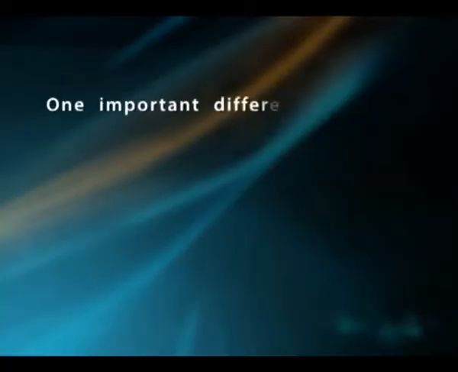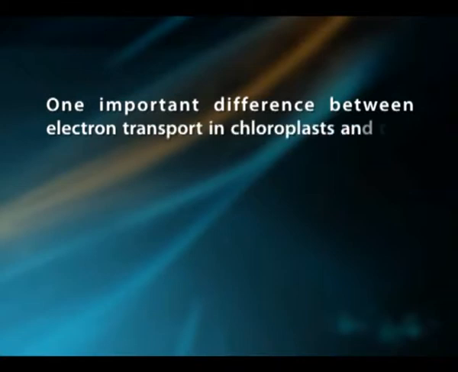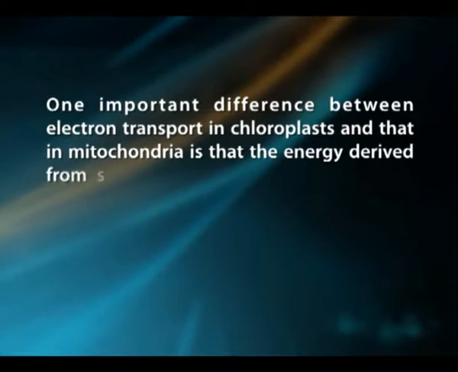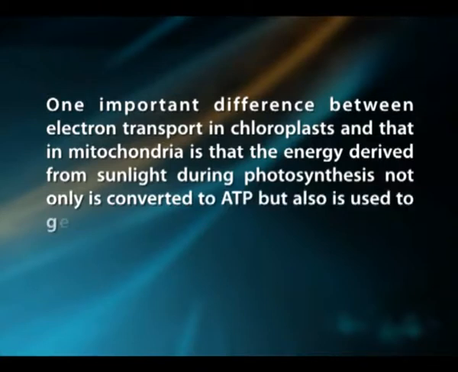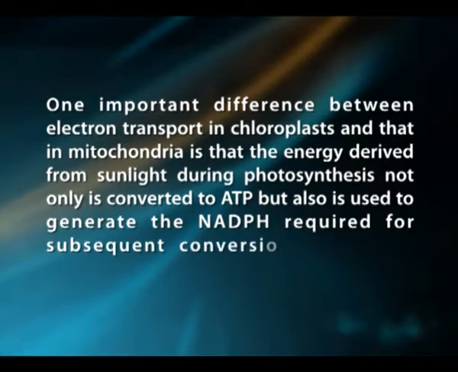One important difference between electron transport in chloroplasts and that in mitochondria is that the energy derived from sunlight during photosynthesis is not only converted to ATP but also used to generate the NADPH required for subsequent conversion of carbon dioxide to carbohydrates.